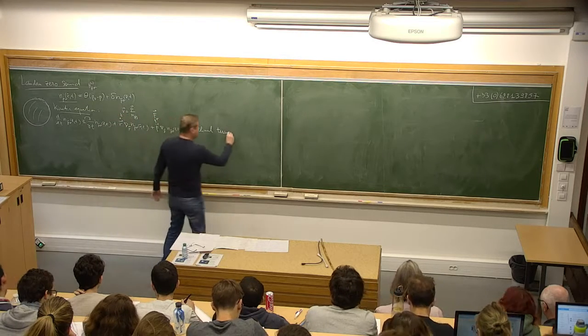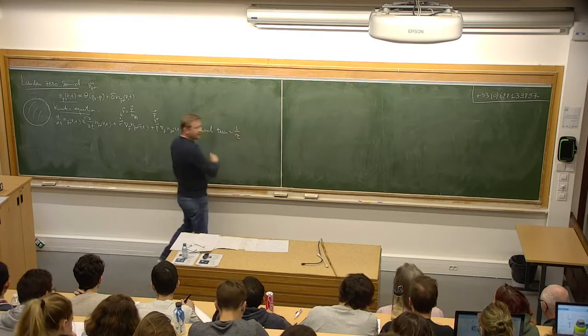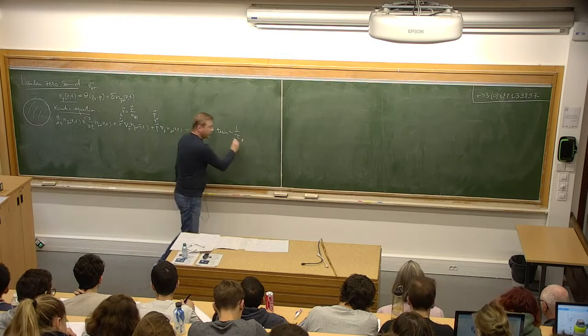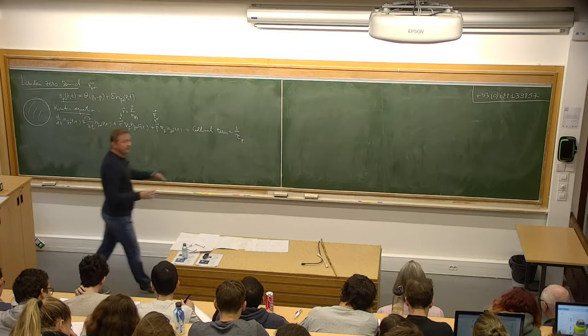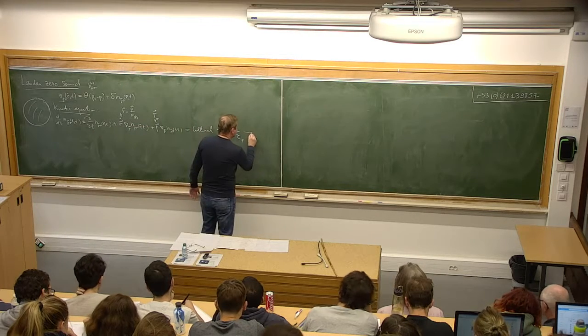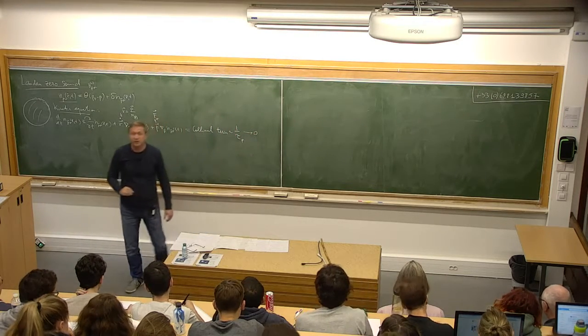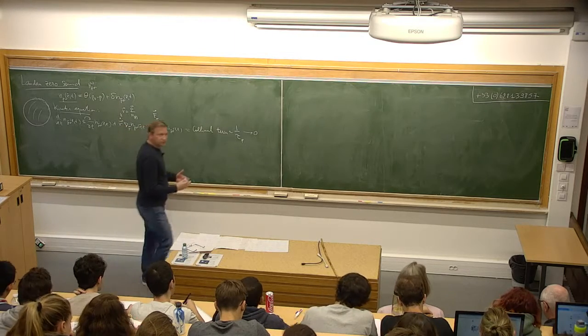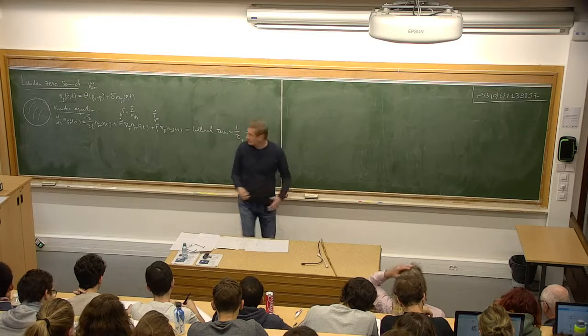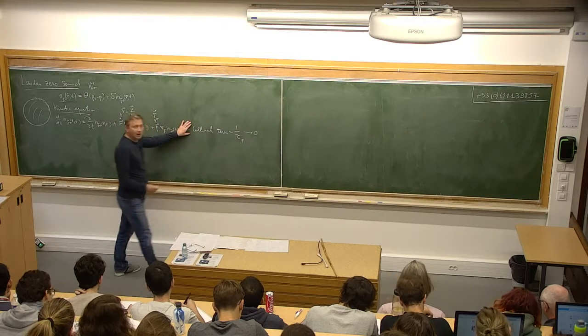But the important point is that this is proportional to 1 over tau, the rate of collisions between particles. And in our case, if we are very, very close to the Fermi surface, this goes to 0, so therefore we ignore it. In standard kinetics, this is the dominant one.